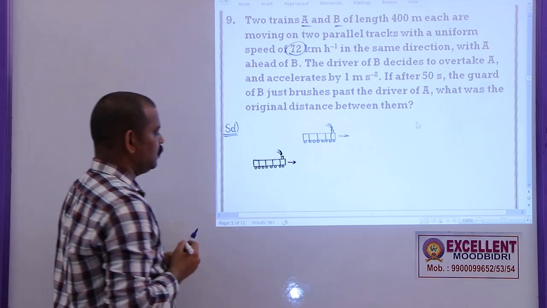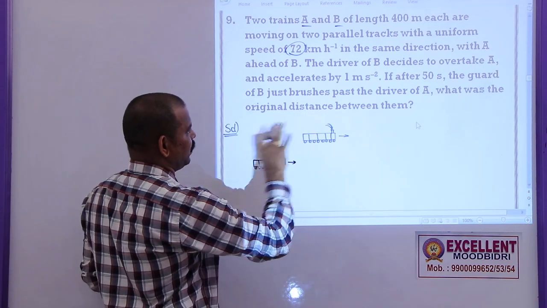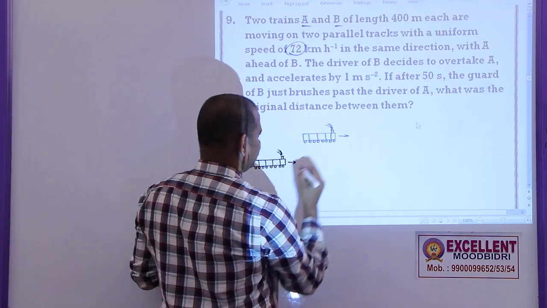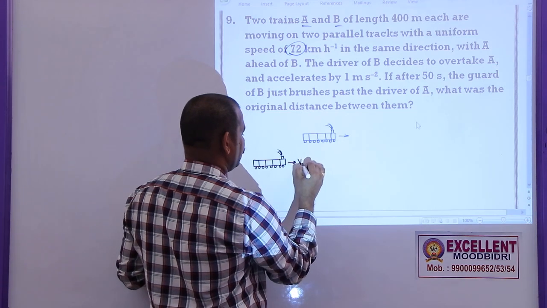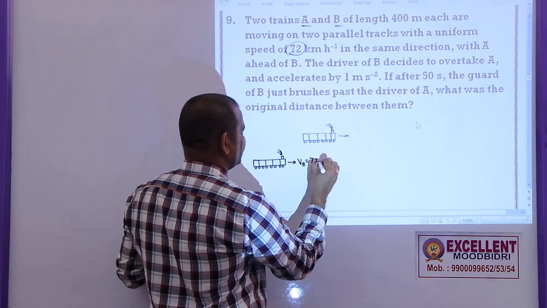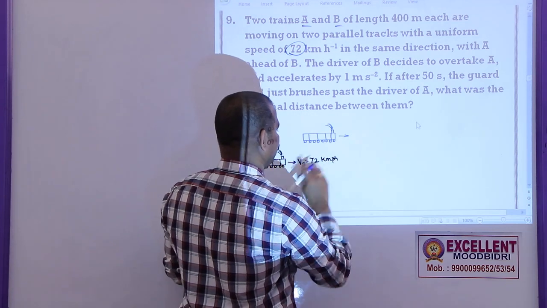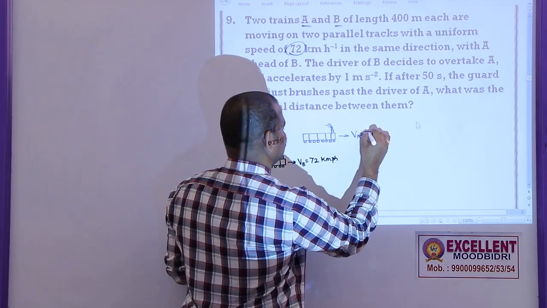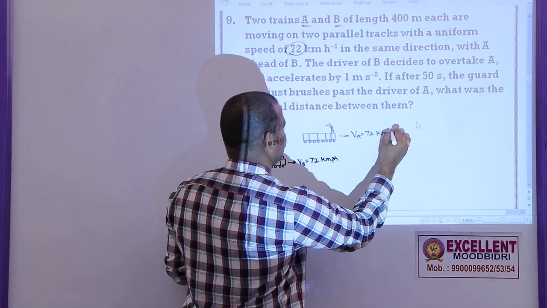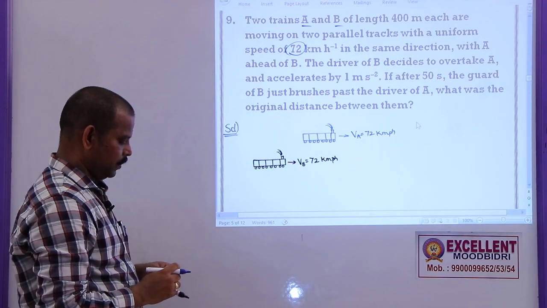So this is train B. Both are traveling parallel, with the velocity of train B being 72 kmph, and VA is also 72 kmph. So the velocities are given.